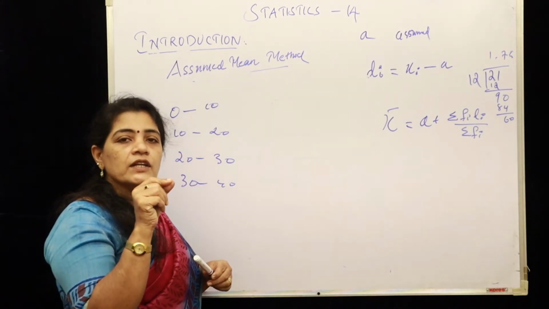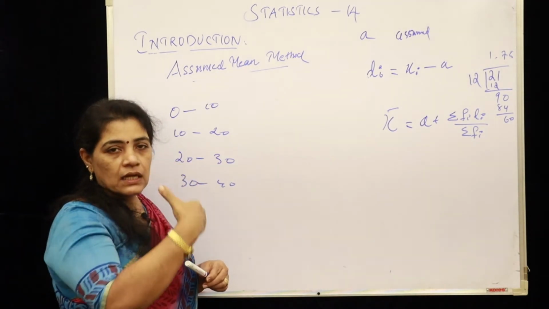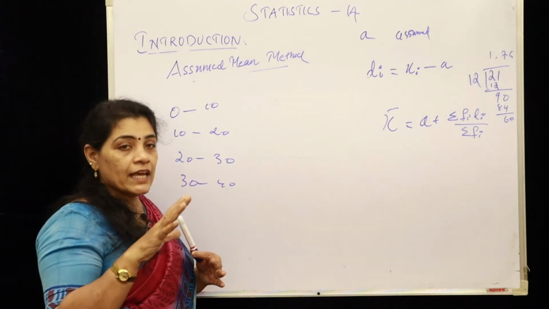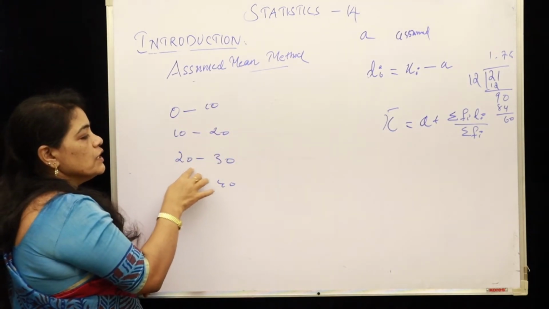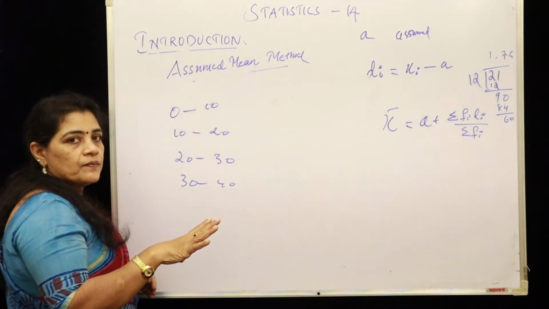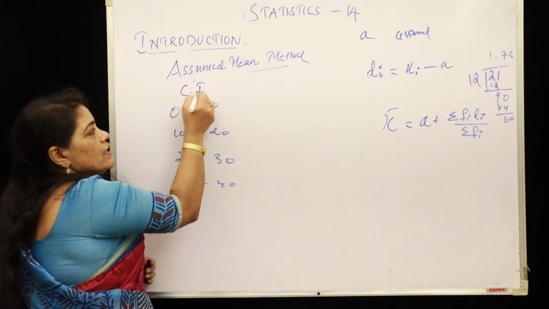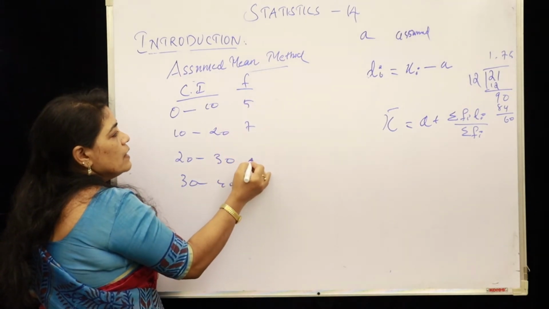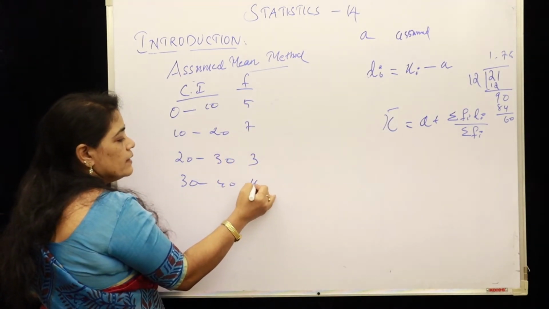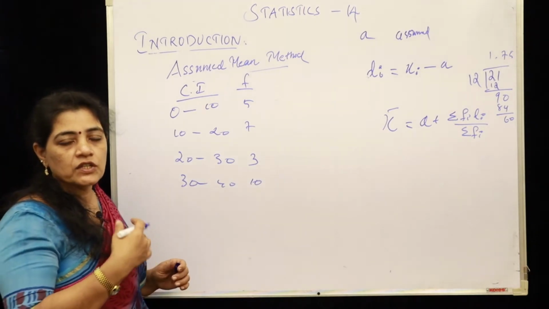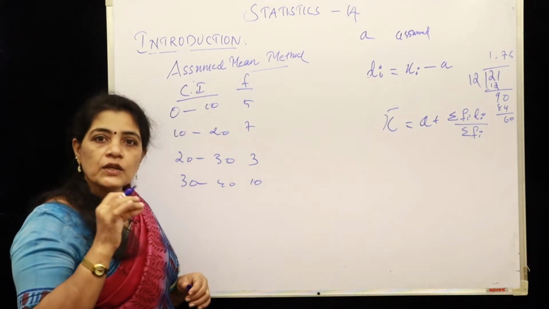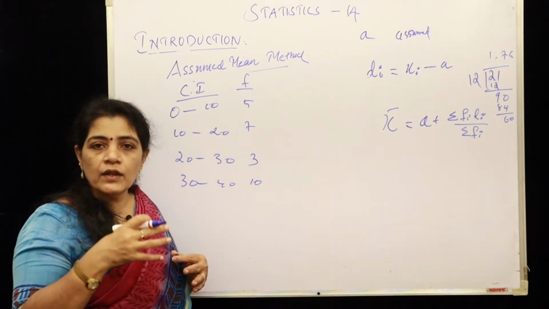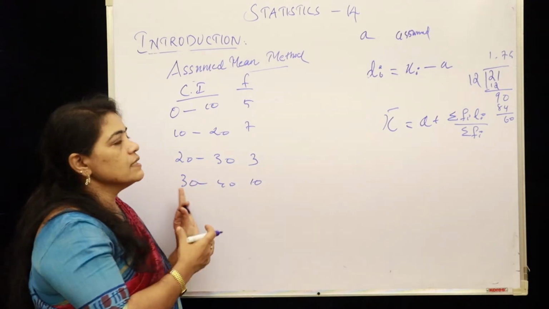In the beginning I told you to make sure that the class intervals are continuous, that is, the upper limit and lower limit must be the same. So 0 to 10, 10 to 20, 20 to 30, that is continuous. This is the class interval. Suppose these are the frequencies 5, 7, then 3 and 10 for each class interval. Children, you have to find the class mark or mid value, xi. We can't do anything with the class interval form.